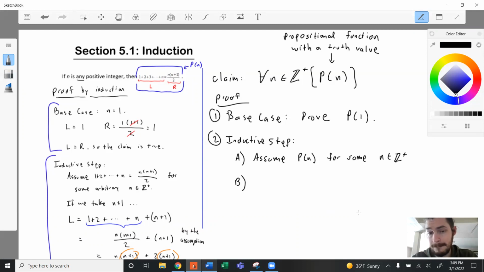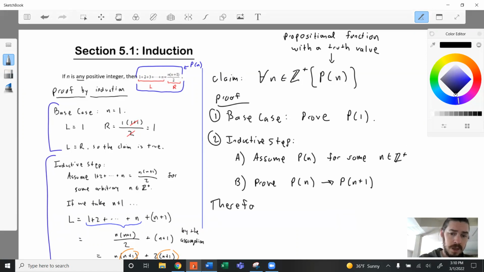Assume P of n. That's called your inductive assumption. And then the second part of the inductive step is prove an implication: if P of n, then P of n plus 1. So if the claim is true for n, then it's true for n plus 1. Those 2 parts together are all you need, and that completes the proof. Therefore, for all n, P of n, QED.